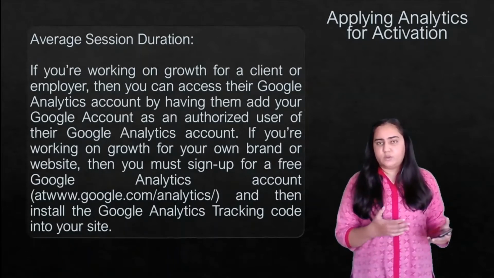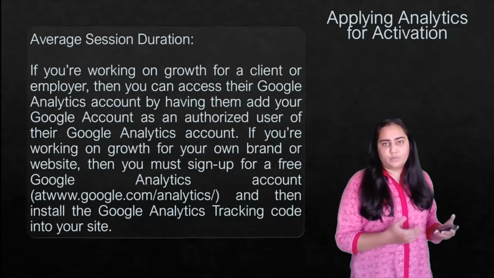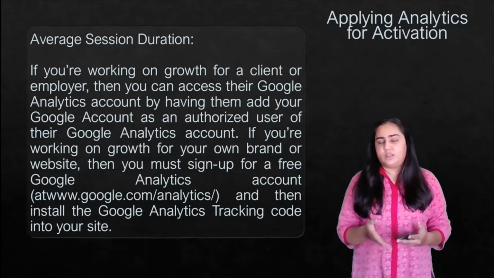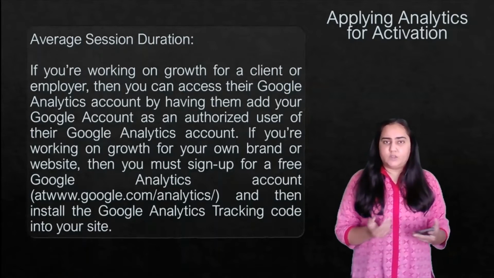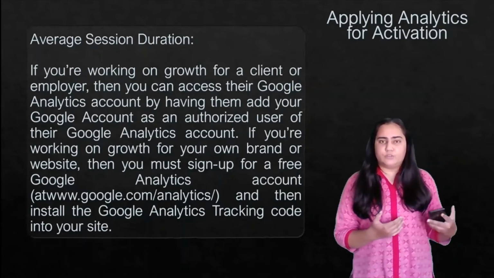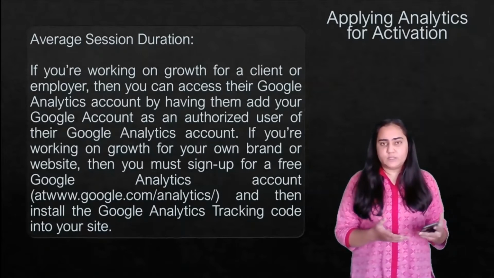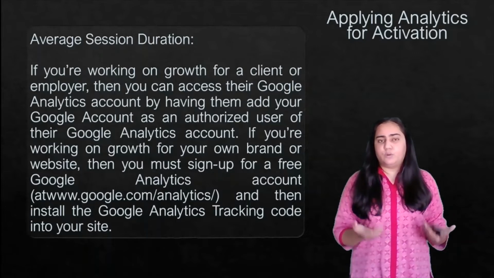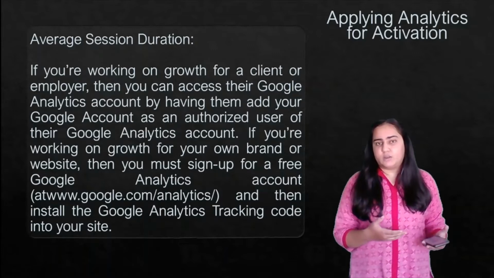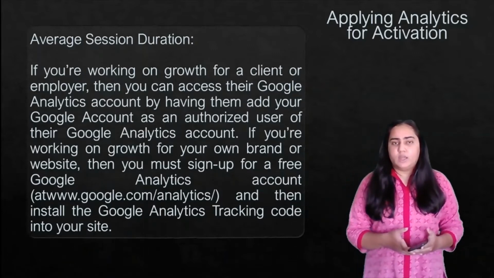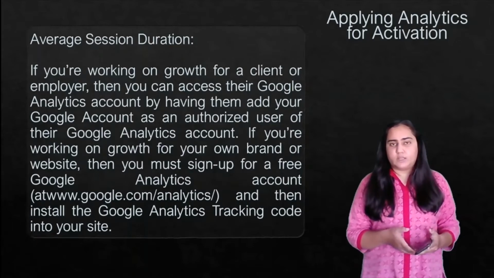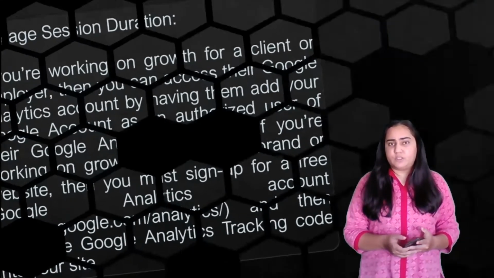So there are two ways. One way is that if you're working for a company, a client, or an employer, you can ask them to add you into their Google Analytics account and then use the data to gain growth for the business. On the other hand, if you want to promote your own brand or website, you can just sign up for a free Google Analytics account on the link given here, install the tracking code into your website and start tracking average session duration.